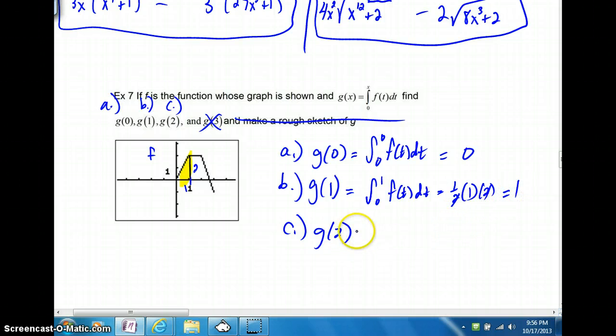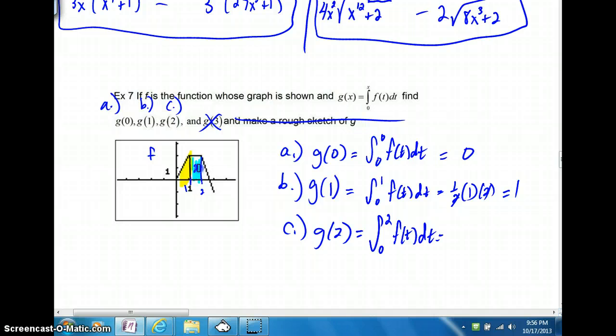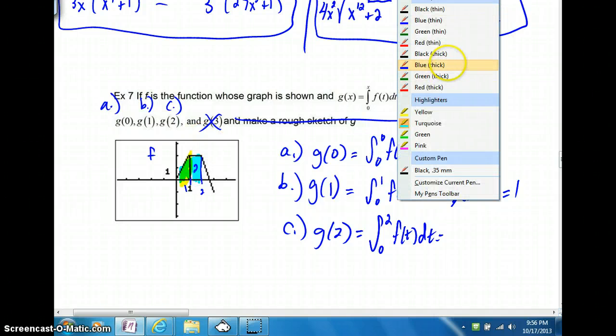Finally, what if we found g of 2? Well, letting x equal 2, we're going to integrate from 0 to 2 of f of t dt. Finding this geometrically, this time we're just going to go out a little bit further, and we're going to say, now I want this net area, and of course it's just regular area, isn't it? Going all the way up to here, it's that triangle plus the rectangle.